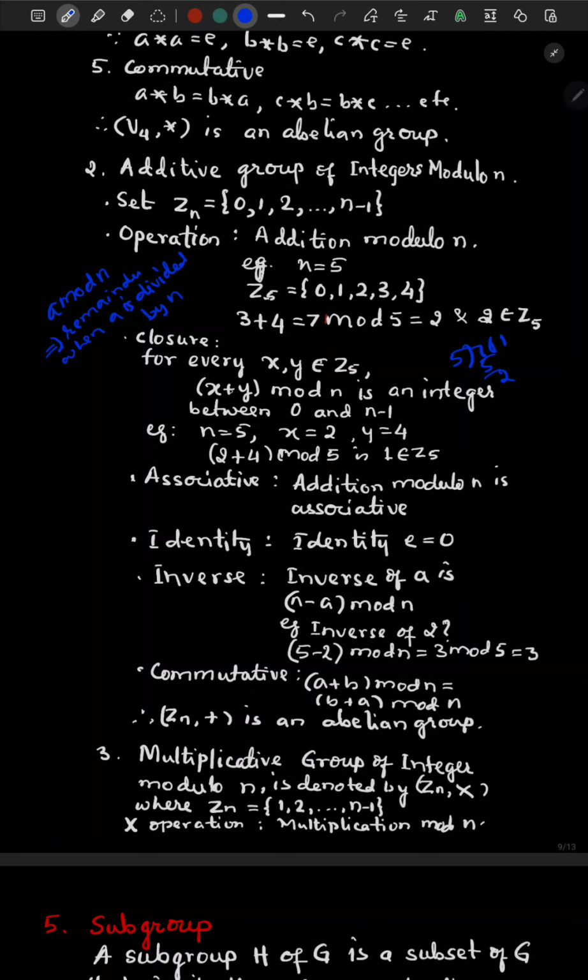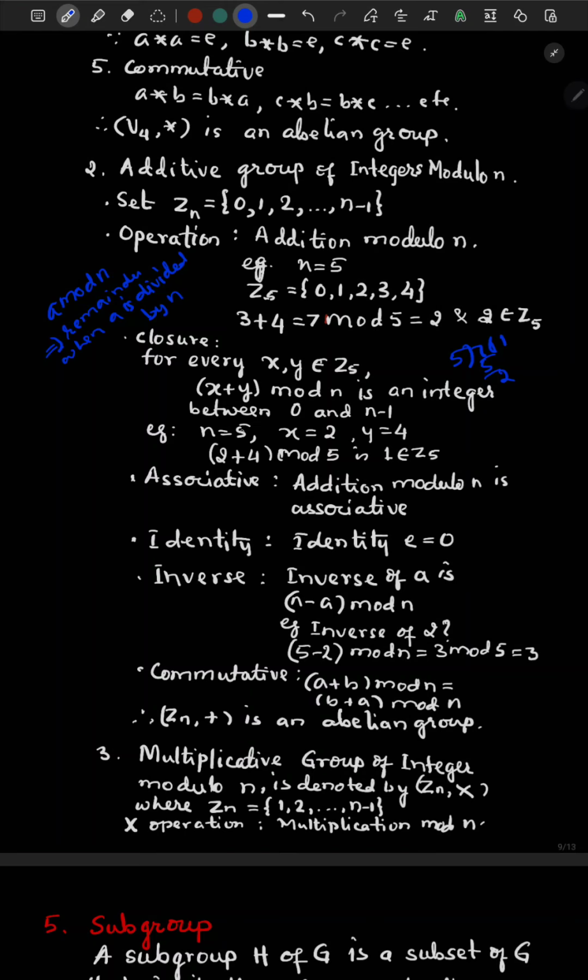Now we will check the closure property. For every two integers x and y belonging to Zn, x plus y mod n is an integer. It is always between 0 and n minus 1, because the remainder will always be less than n. Hence, the remainder will be between 0 and n minus 1.